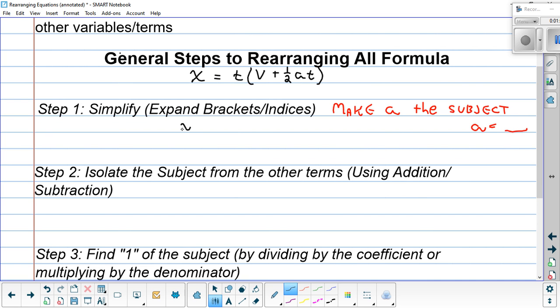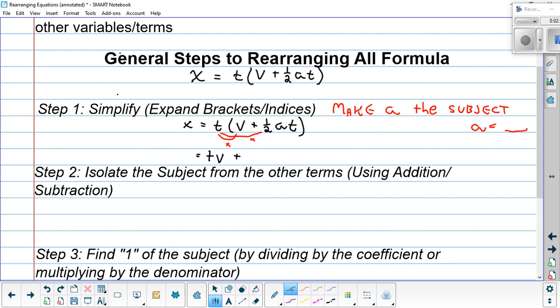I'm going to rewrite our equation really quickly right here, just so I can annotate it a little bit. Okay, so let's first expand our brackets. That means we're multiplying this t by our v, so we get tv plus t times positive 1/2 at squared.